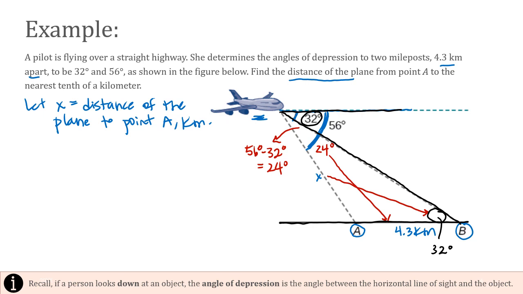Now, if you don't remember some geometry from maybe a long time ago, consider this. Drop a perpendicular from point B to that line of sight, creating a right angle. That right angle is 90 degrees.